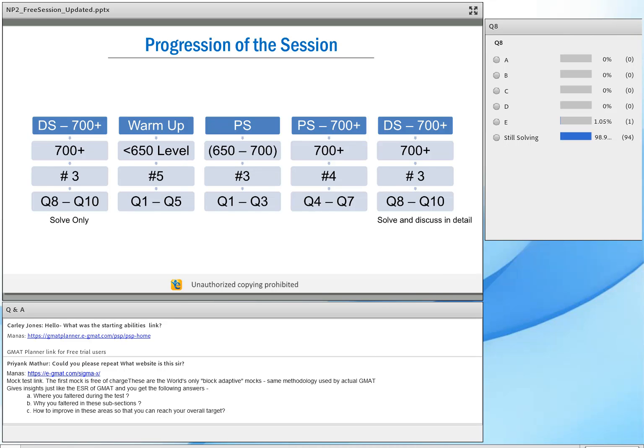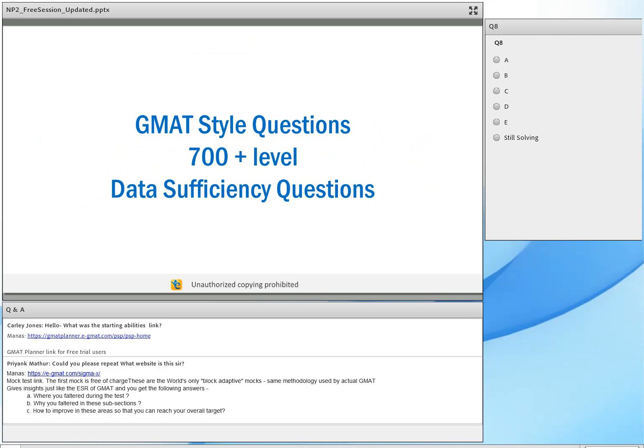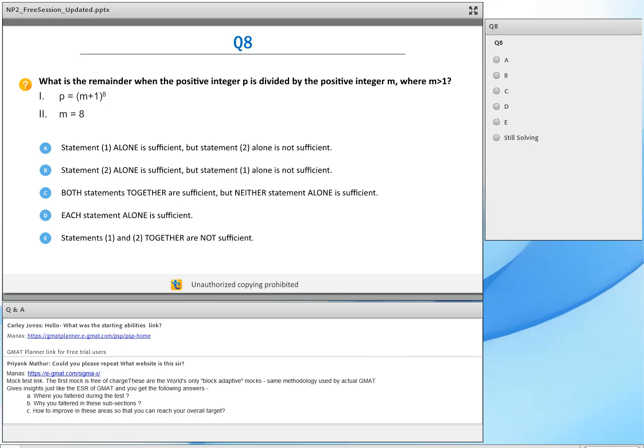I have about 90 folks who've chosen a choice. The purpose of this is when you say still solving and then you choose another answer choice, then I know that you've finished solving and I call time. So I am not going to call time. You as a group are going to call time. I'm going to show the question once I get about 120 responses over here. 117, 118, 119. Okay, perfect. Let me remove broadcast results. And here is your first question.